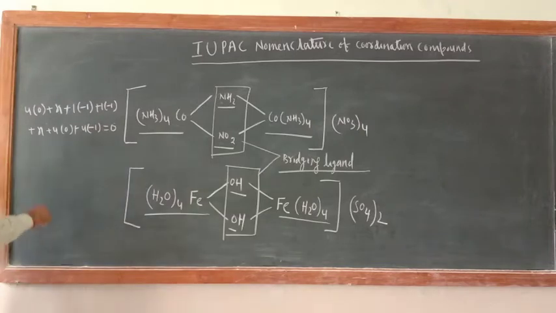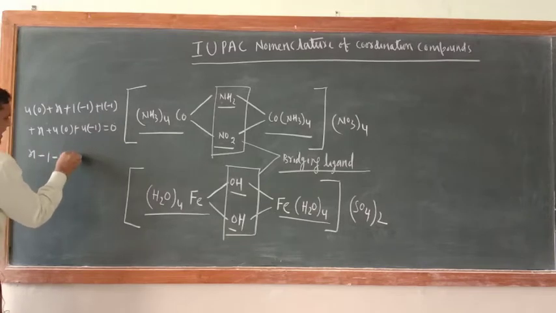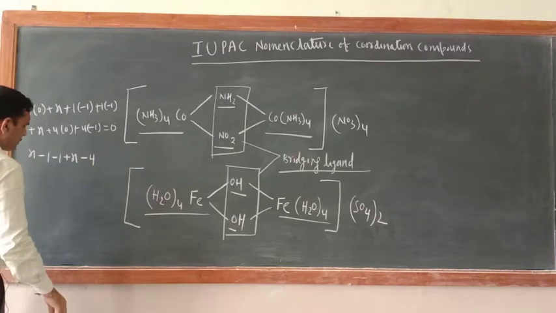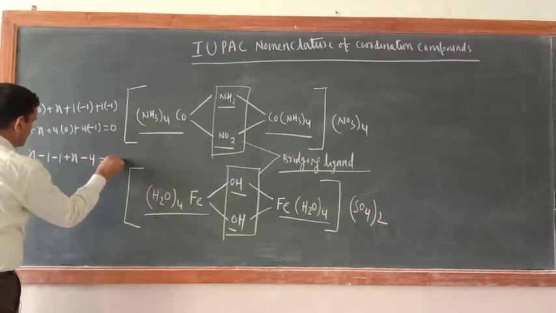So it would be X minus 1 plus X minus 4, equal to 0.